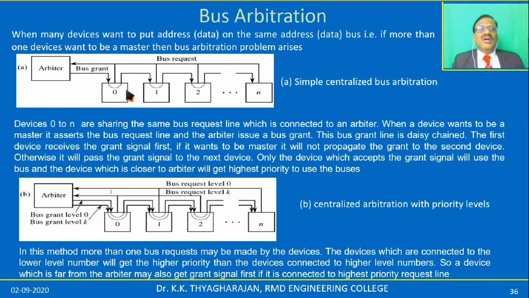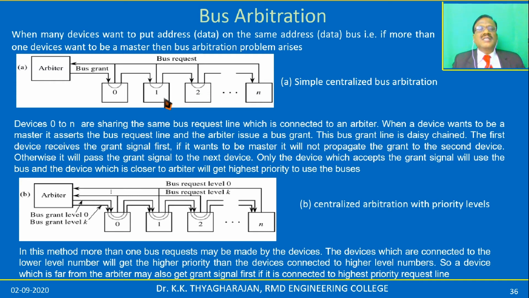If it has not requested the bus, then it will pass this bus grant to the next device, and the same thing will be repeated. If the next device has requested the bus grant, then it will accept it and not pass it on. Otherwise, it will pass the bus grant to the next device.